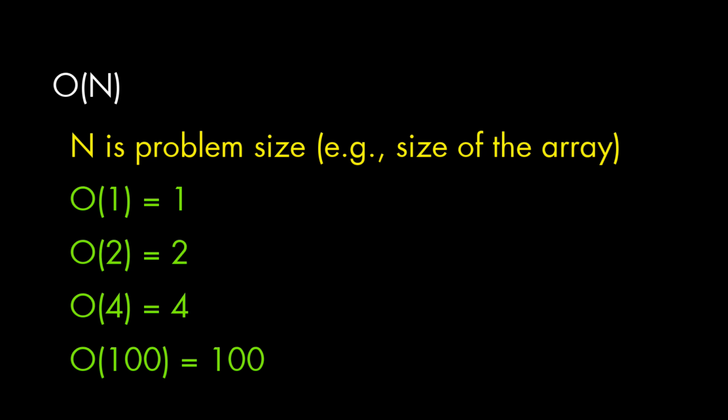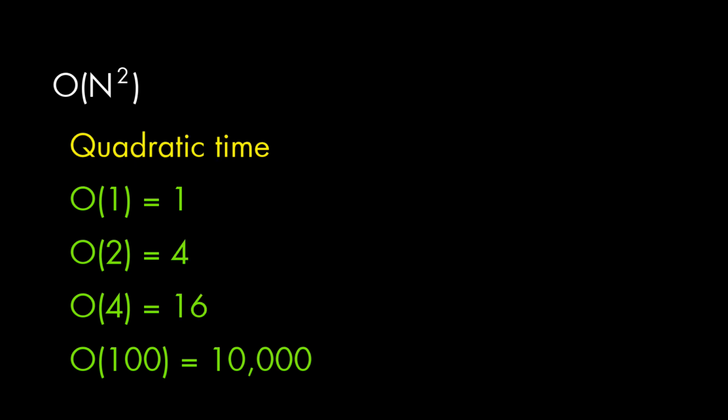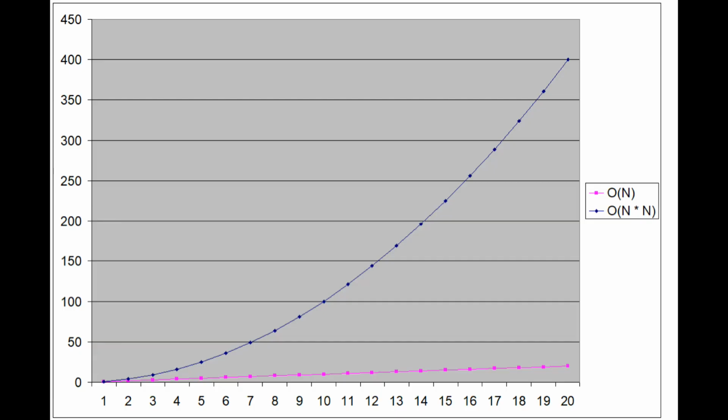Increase by a factor of 4, and time goes up by a factor of 4, and so on. A selection sort is Big O n squared. Increase the problem size by a factor of 2, the time goes up by a factor of 4. Increase the problem size by 4, time goes up by a factor of 16, and so on. This is much worse efficiency than Big O n.